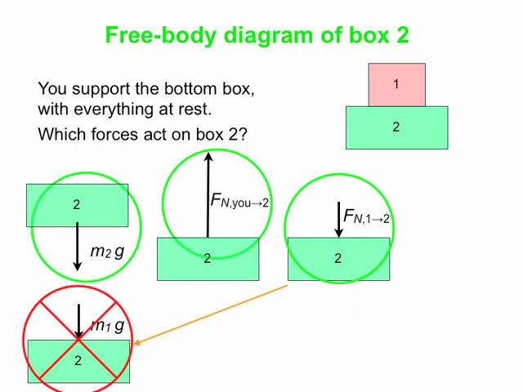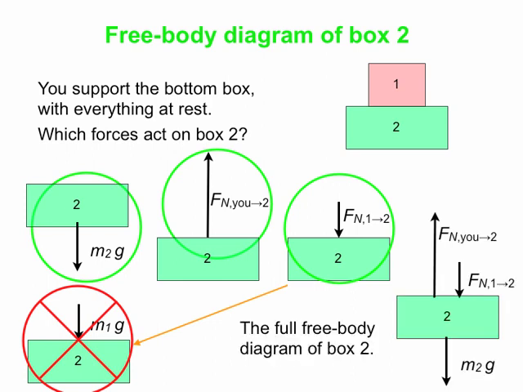Fn 1 on 2 is associated with the interaction between box 1 and box 2. So if you look at it overall, we've got the three interactions that box 2 is involved with. First with the Earth, then with you, then with box 1. So here's our overall free body diagram.